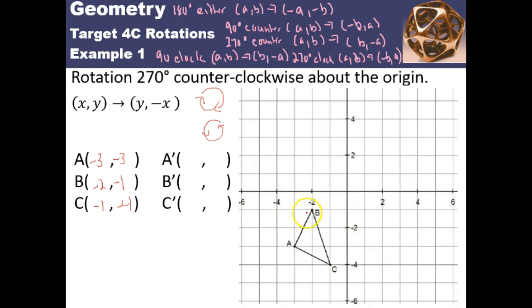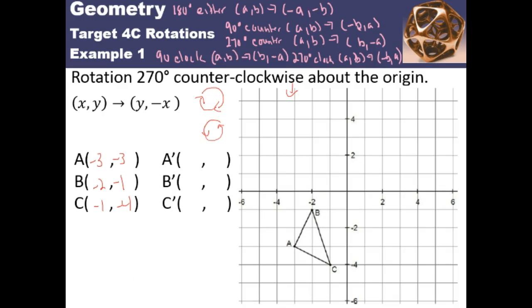If you think about point B, if I start going counterclockwise, when I go 90 degrees, I'm going to end up somewhere in here. Then when I go another 90, I'm going to end up somewhere in here, so that's 180. And then another 90 is going to put me somewhere in there at 270. So my answer should be in this quadrant. If it's not, I probably have made a mistake. So I'm just going to go ahead and erase this.